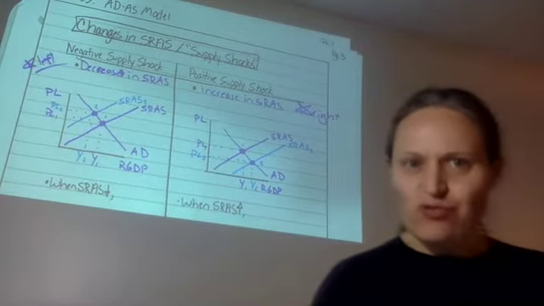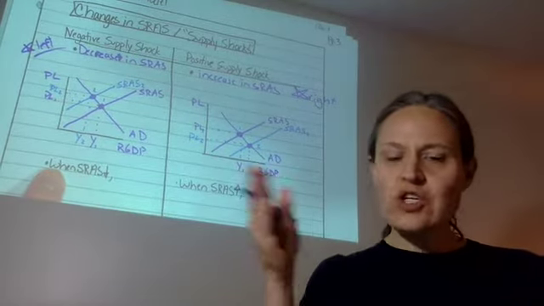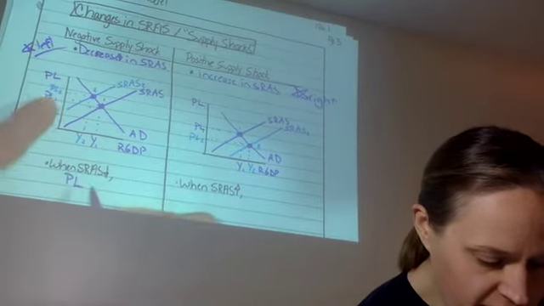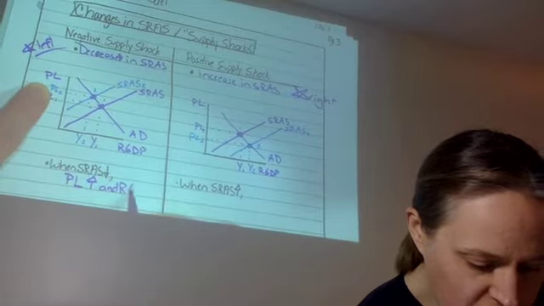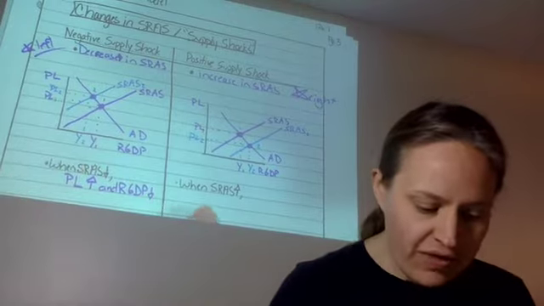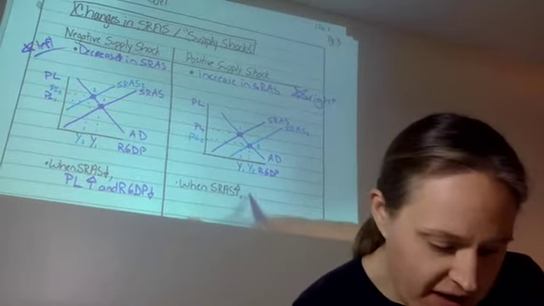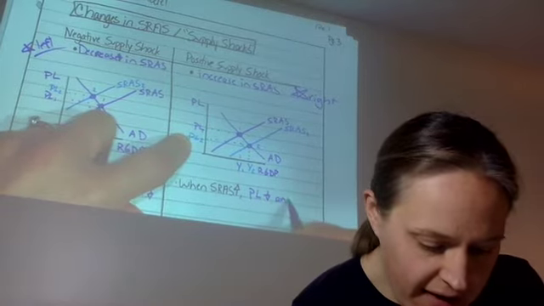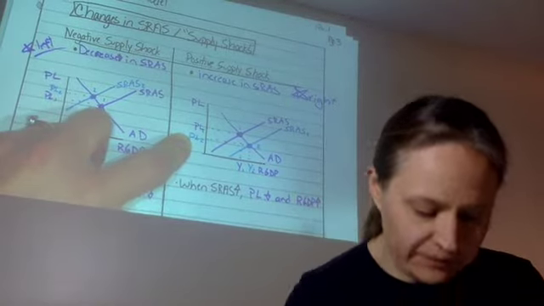All right, so now let's read these graphs and see what they have to tell us. So this graph tells us when the short-run aggregate supply curve decreases, price level increases, and real GDP decreases. This over here, when the short-run aggregate supply curve increases, then price level decreases and real GDP increases.